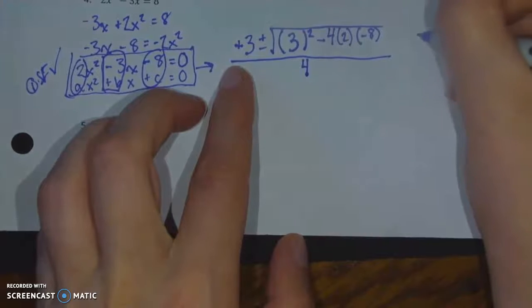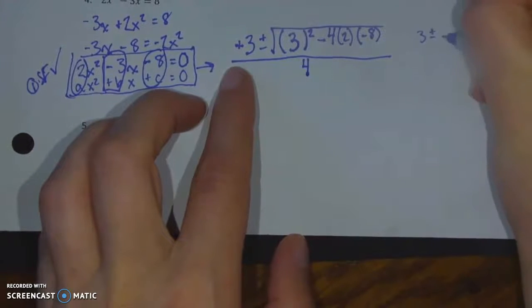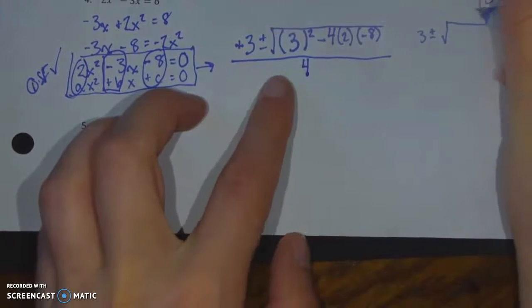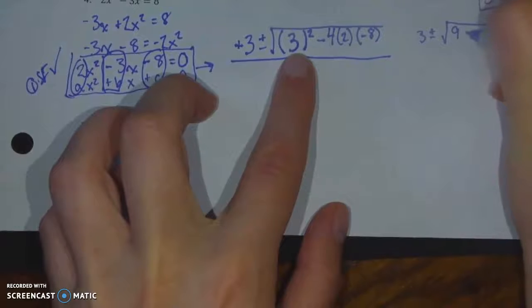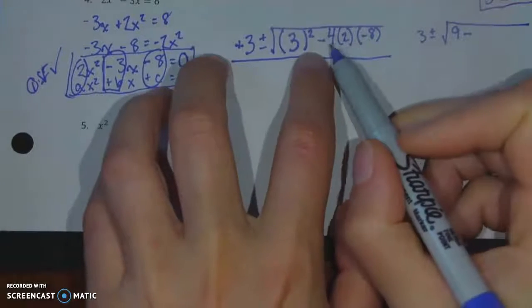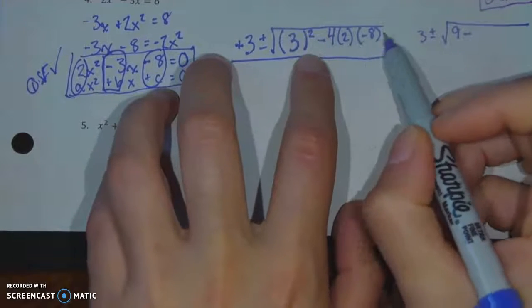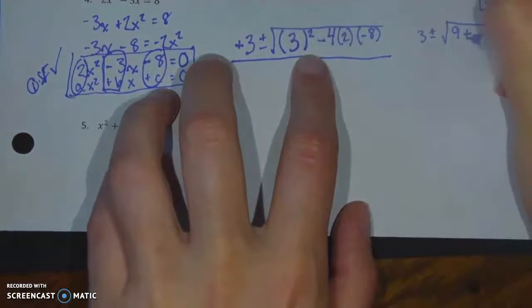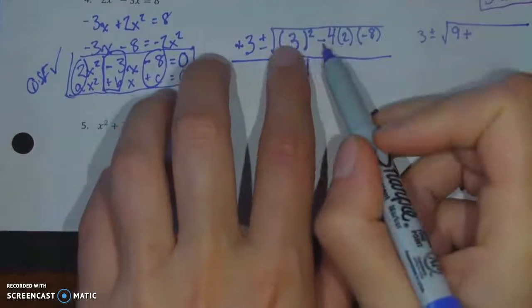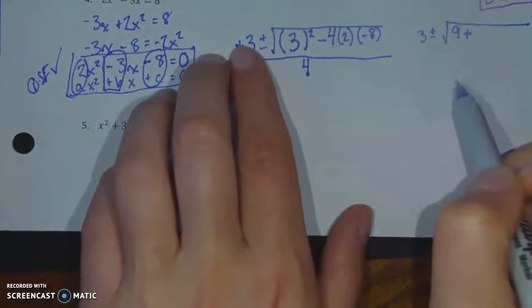So here I have 3 plus or minus the square root of, well, 3 squared is 9, and see how I have a net minus and then I'm going to be multiplying a negative? This whole thing is going to turn into a positive because this negative and this negative are going to cancel out.